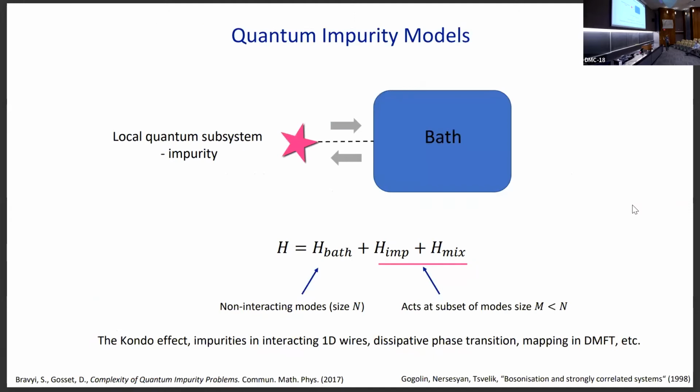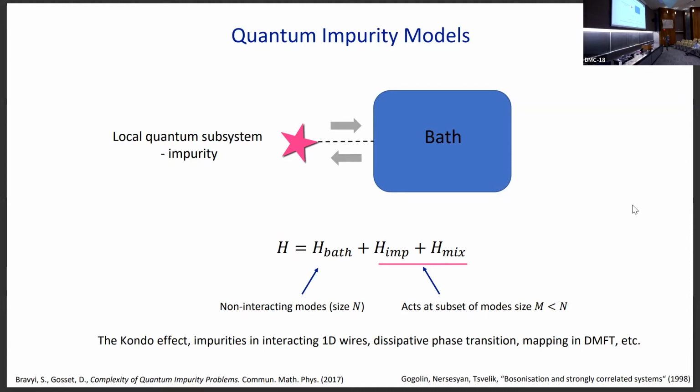And this description might remind you of quantum impurity models. So the quantum impurity model is a model where you have one single local quantum degree of freedom, which is coupled to a bath of non-interacting modes. And then the Hamiltonian contains this non-interacting part, an impurity part, and an interaction. And this impurity part acts on some subset of modes M out of the total number of modes.